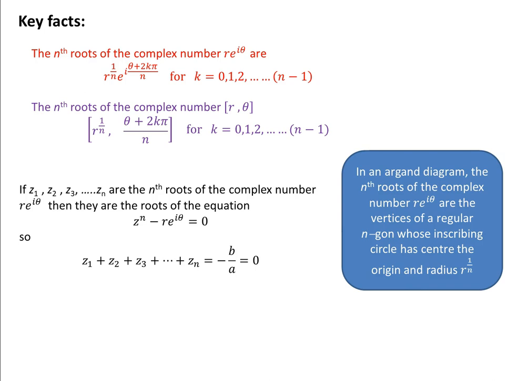So b is 0 because there's no z to the n minus 1 term in the polynomial equation, and a is 1 because there's 1 z to the n, so minus b upon a must be equal to 0. That result can also be obtained using geometric progression work.